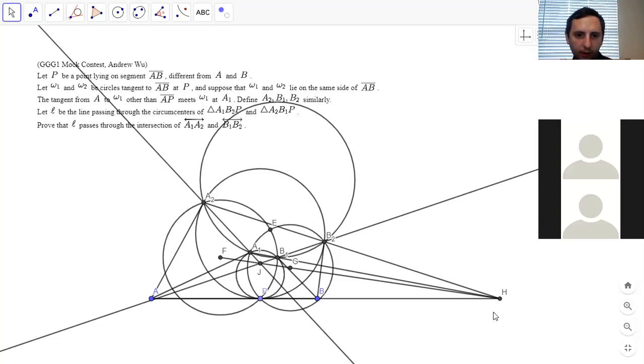I don't know if that's just an angle chase. We'd want to calculate angle FA2B2.